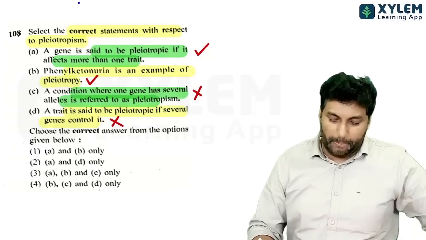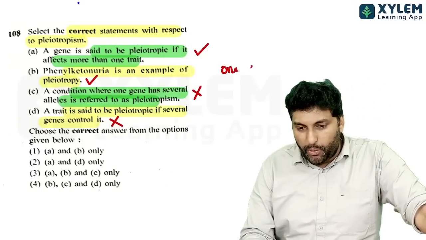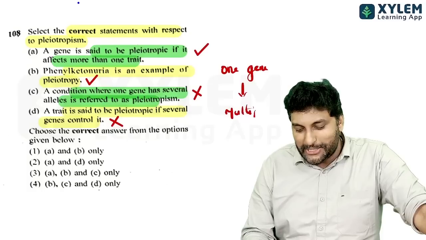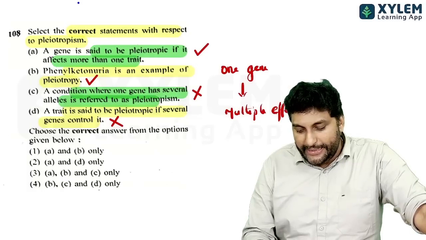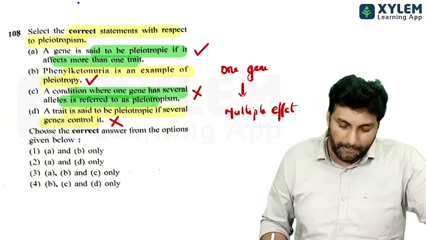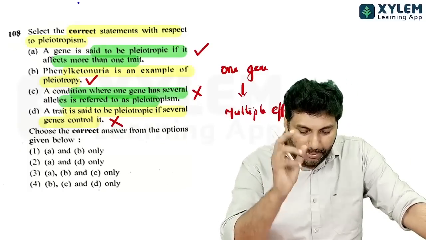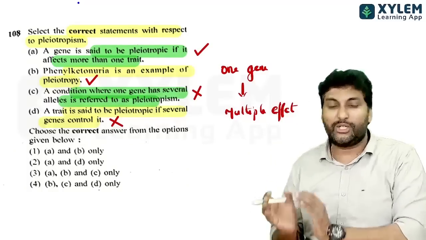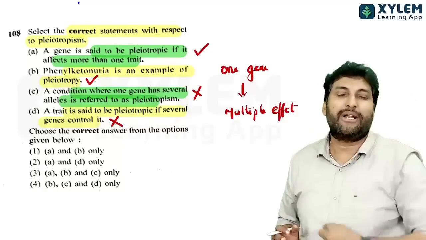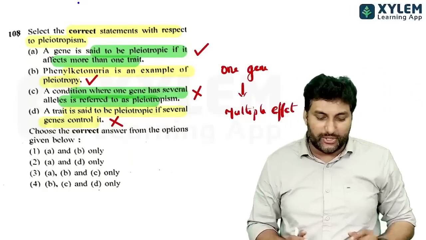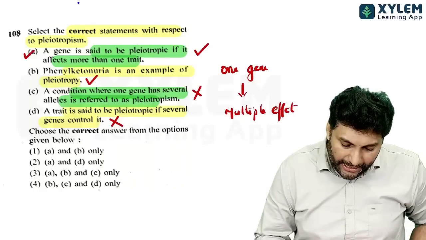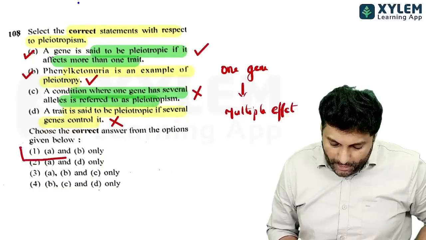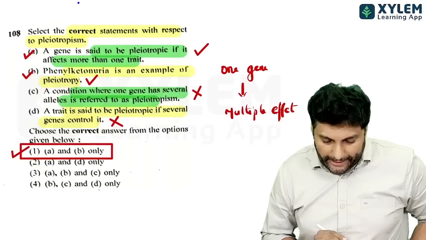Actually, in pleiotropy, one gene controls numerous characters, multiple effects. So option D is also wrong. So the right choice is only A and B are correct, number 1, A and B only.